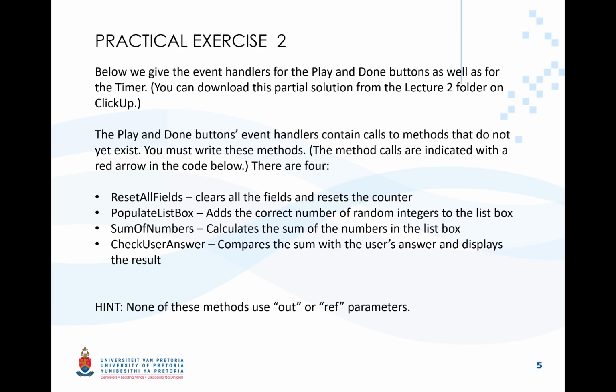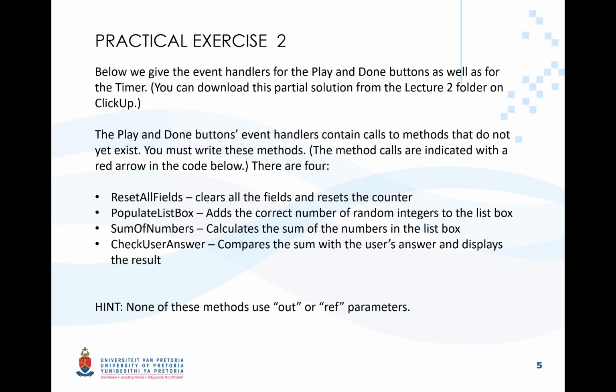Populate list box, it adds the correct number of random integers to the list box. Then sum of numbers, it calculates the sum of the numbers in the list box, and it actually should, I think, provide a result back to the user, but we'll get to that now. And then check user answer compares the sum with the user's answer and displays the result. Okay, apologies, so you are checking the result in the check user answer.